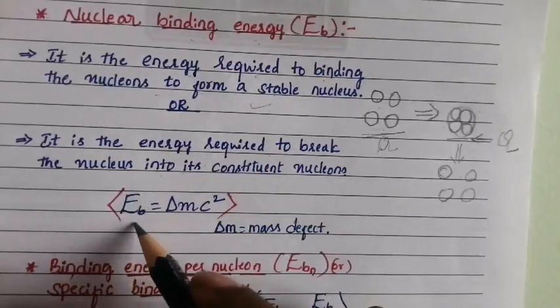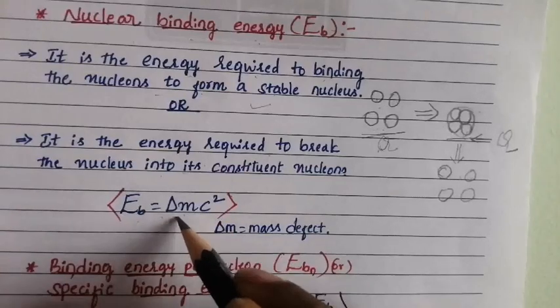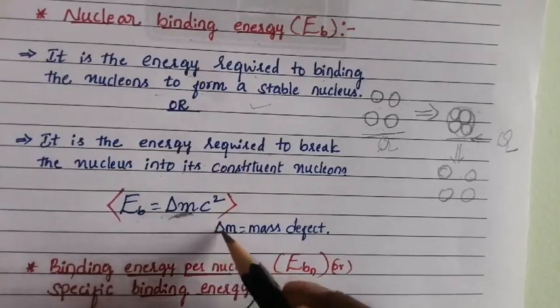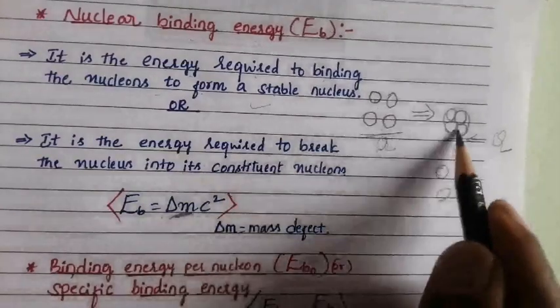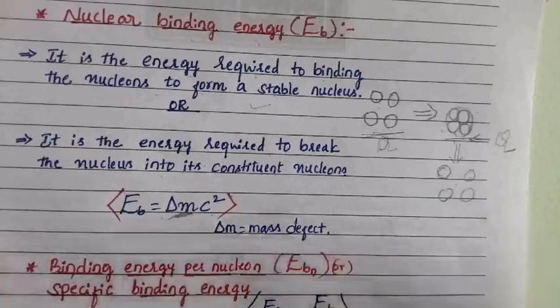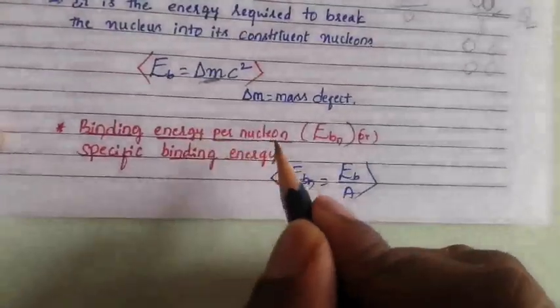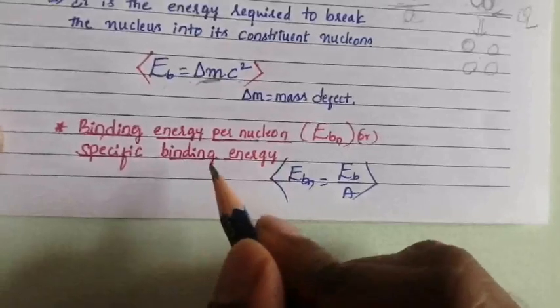So the expression for nuclear binding energy is delta M into C square, where delta M refers to the mass difference. This mass difference is called as mass defect. Next, what is meant by binding energy per nucleon or specific binding energy?